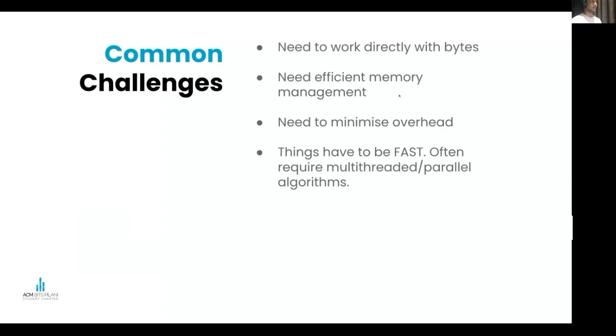We're adding cores to our processor so that they can't do one thing faster, but they can do multiple things at once. So to efficiently make use of the modern computer, you have to write multi-threaded or parallel algorithms. Parallel algorithms are basically algorithms that do multiple things at once.